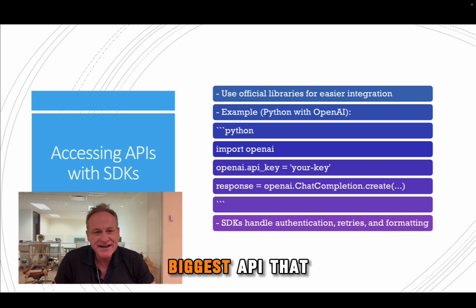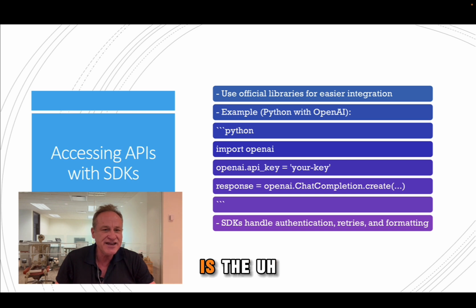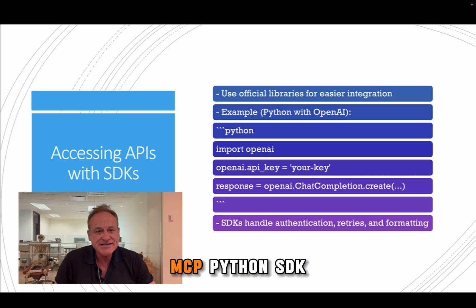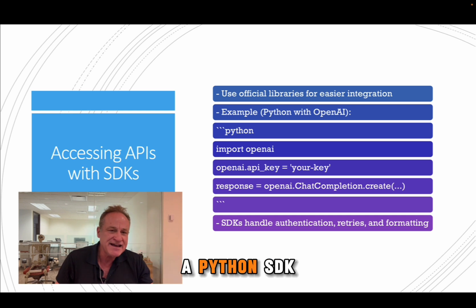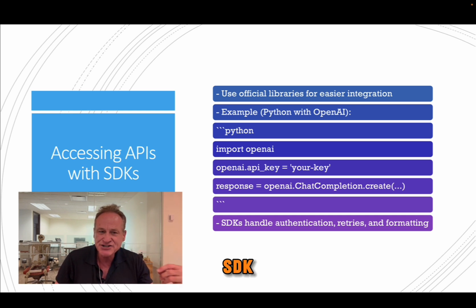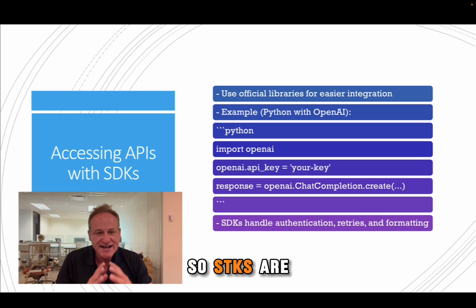The SDK I am the happiest with, I have to say, is the MCP Python SDK from Anthropic. There is a Python SDK, a Java SDK, I think there's a Go SDK, and there's an SDK for TypeScript. SDKs are software development kits that just make it easier for you to use the API.